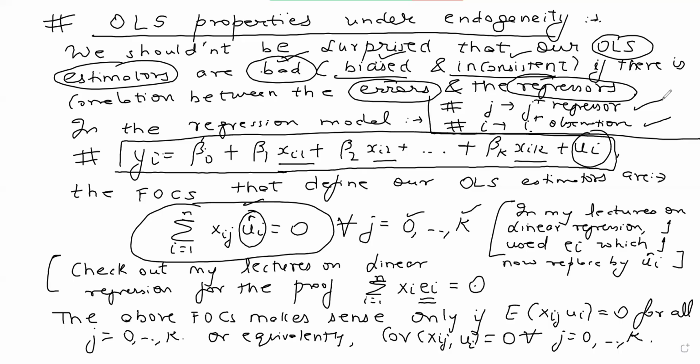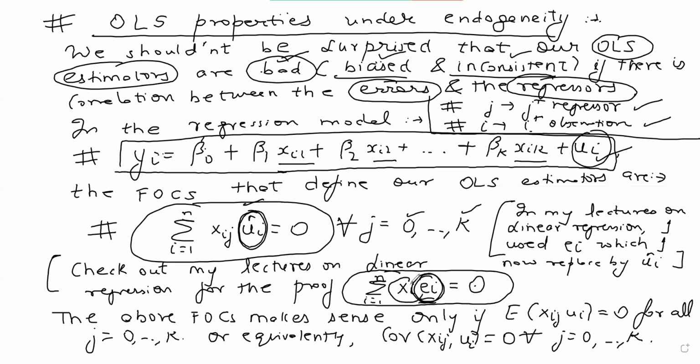The first order condition defining an OLS estimator was the proof I have done in the simple linear regression. I had proved that summation xi ei is equal to 0 for the ith observation. Now the only difference is, since I'm using Wooldridge, instead of ei, I replace it with ui hat, which is the estimator of ui.